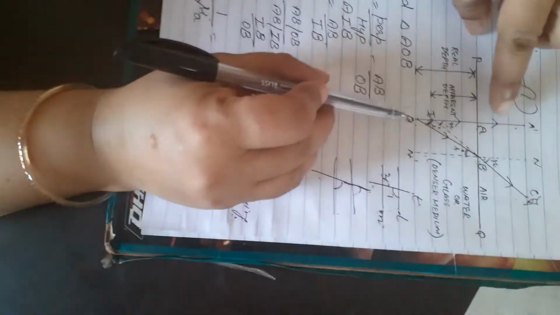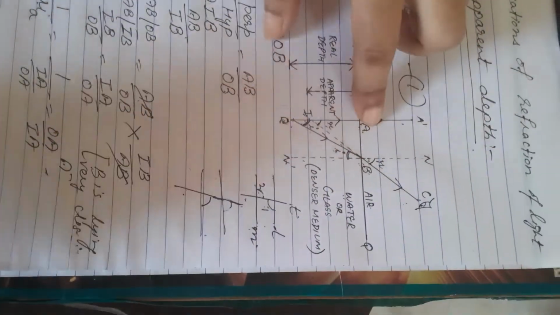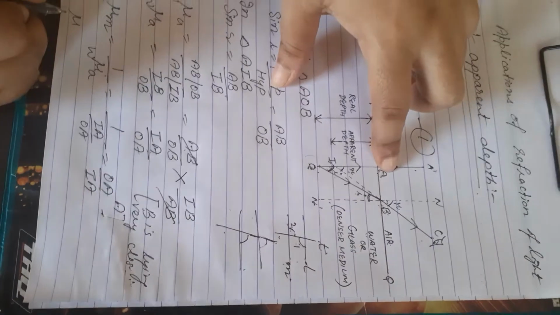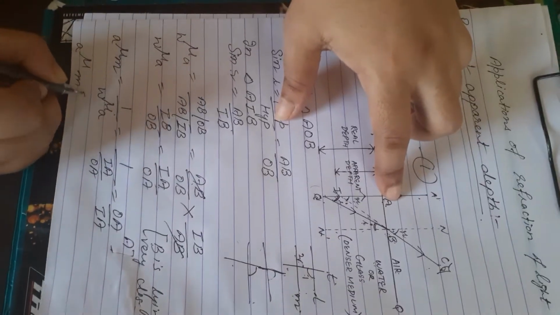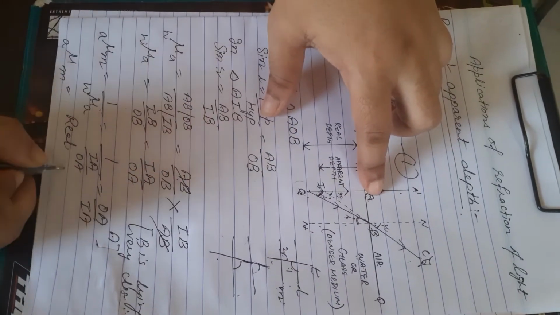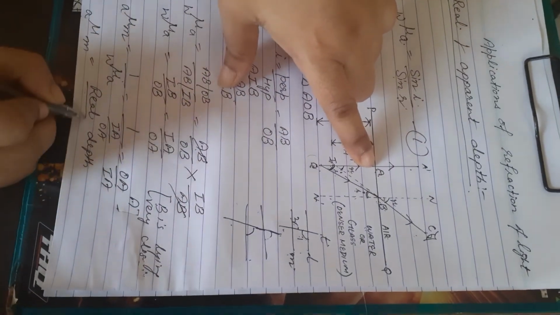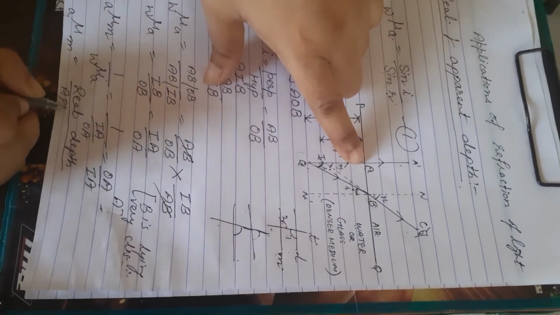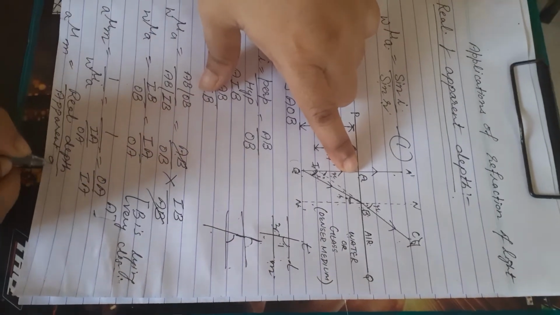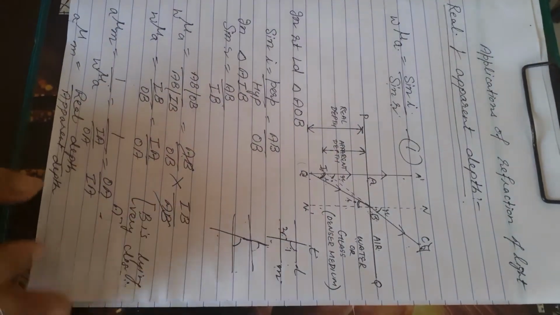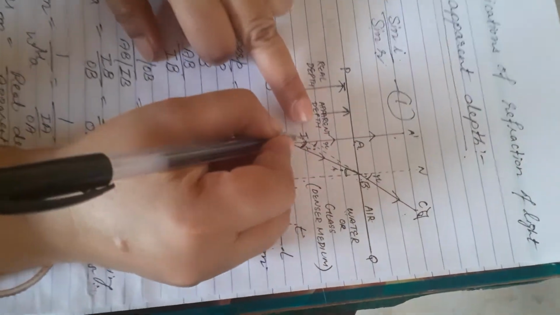Now beta, what is OA here? OA was the real depth. And what is IA? Where object appears to be, divided by apparent depth. Now how much shifting of the object is there? This is shift beta.